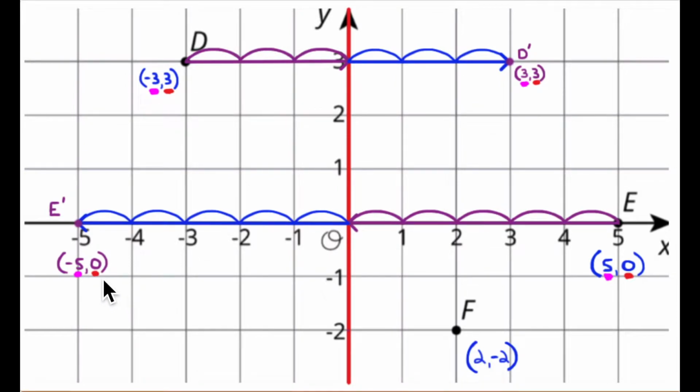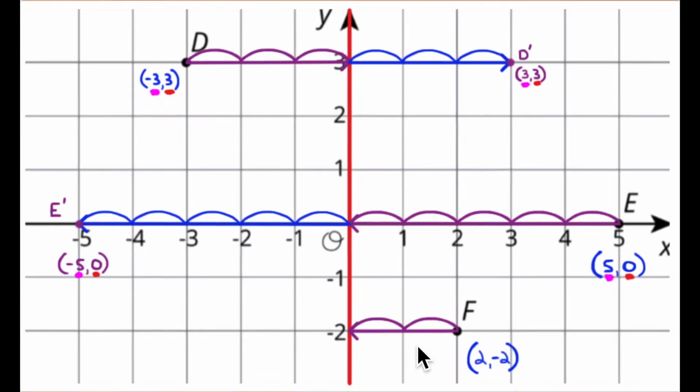So in this case, again, the y-coordinate remains the same because that is the line of reflection, but the x-coordinate switches signs. So instead of going to the right in a positive direction, you go to the left in a negative direction. So E prime is negative 5, 0. And finally, it is the same for F. Along the y-axis, which is the line of reflection, you're going to go down negative 2 units.